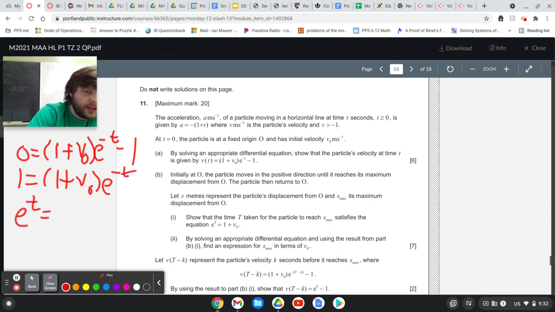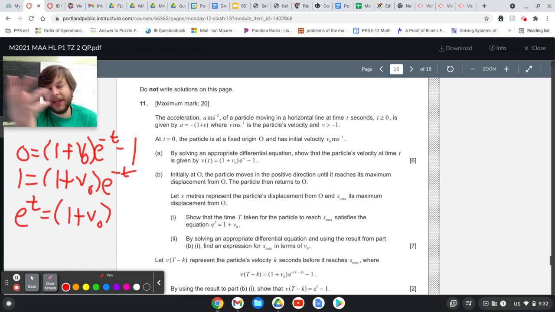So e to the t equals 1 plus v naught. And that's what I was trying to do because it asked me to find the time that it takes to reach the maximum, and it reaches the maximum when the velocity is 0. You can think of that two ways. It's either optimization, like taking the derivative and making it equal 0, or when something has reached its maximum and it's coming back, it's 0 when it's stopped and turning around. That's what the velocity is.